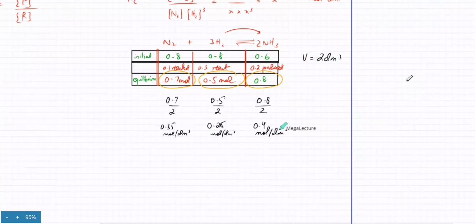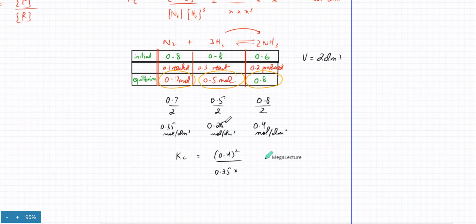Moving forward, the expression for Kc would be the NH3 concentration squared, so 0.4 squared, divided by the concentration of N2, 0.35, multiplied by the concentration of H2, 0.25, cubed.